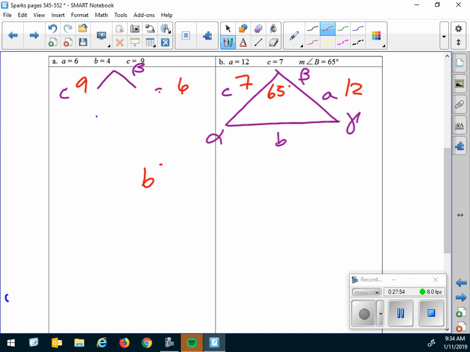So I'm going to use b squared equals a squared plus c squared minus 2ac cosine beta. Plug in what you know.